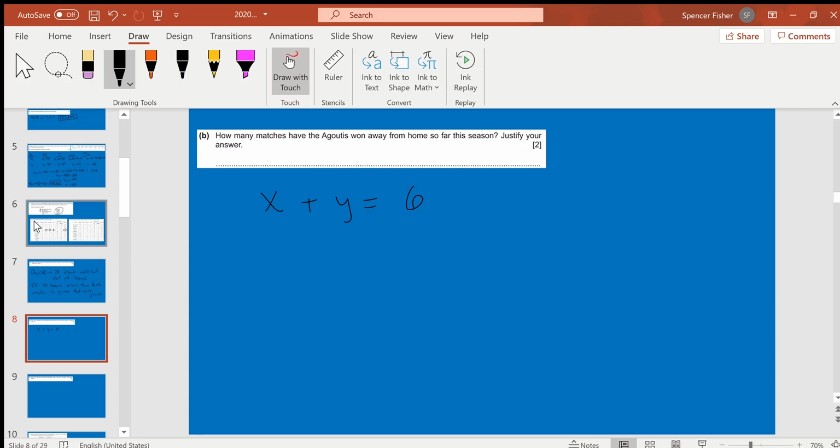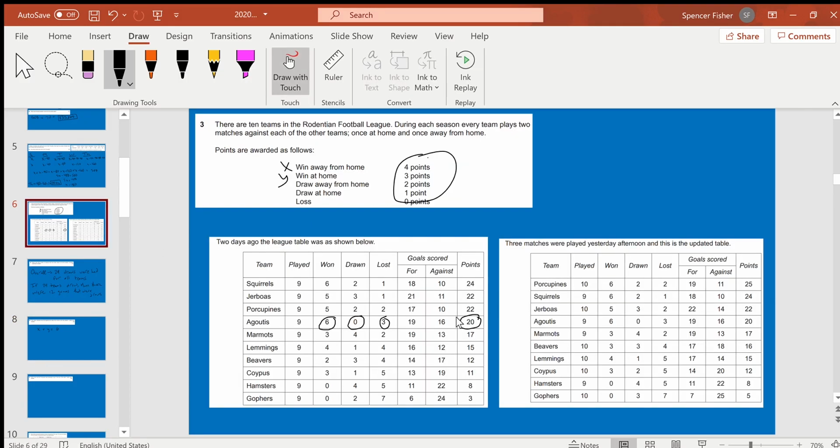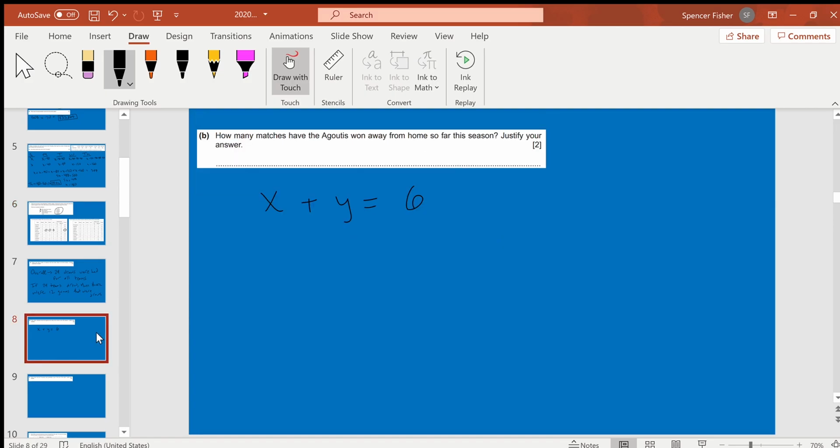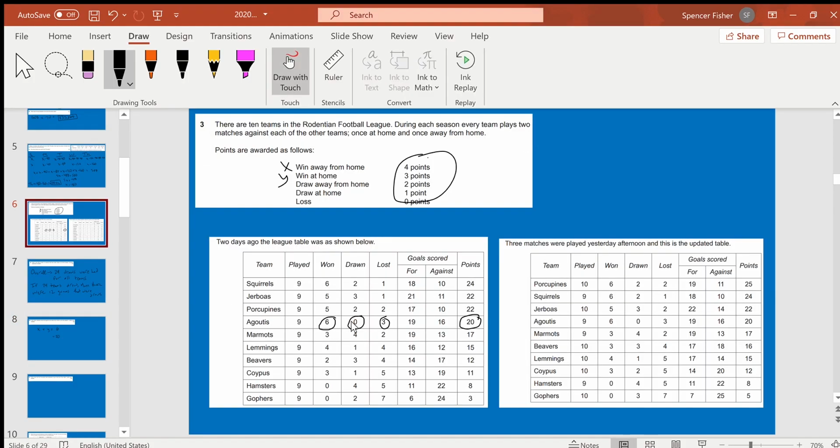Now, what other equation can we make in the system? Well, we know that we have 20 points total, and we're only getting points from victories because we didn't have any draws. If there was a draw here, it would be a little different and we would have to switch things up, but since we have no points from draws, we can only focus on the wins.